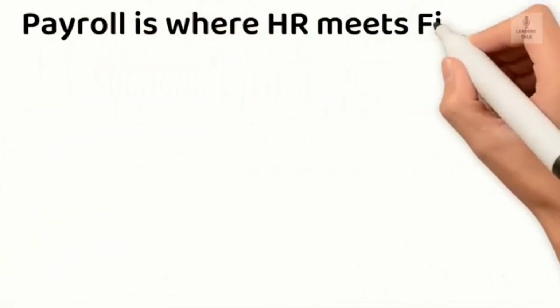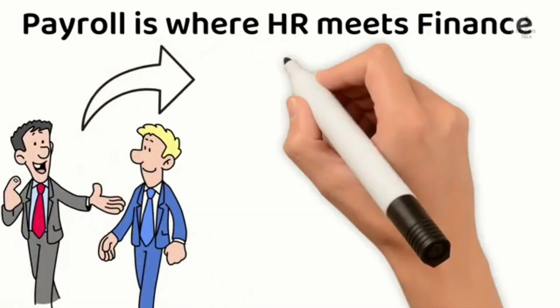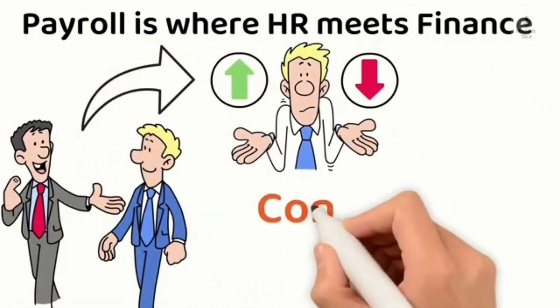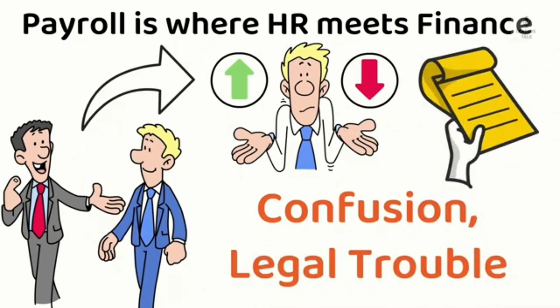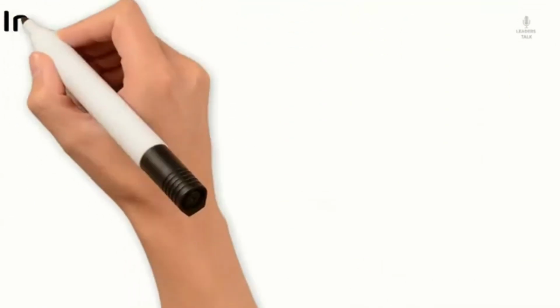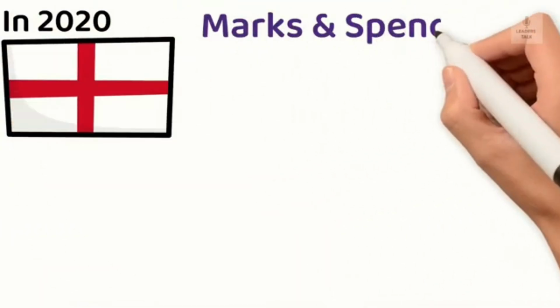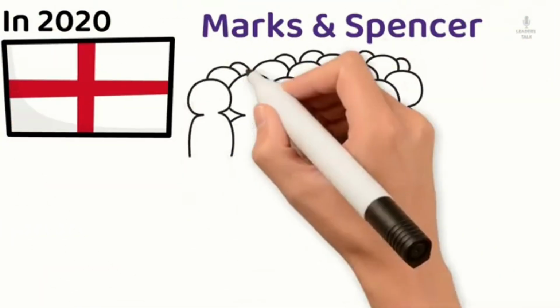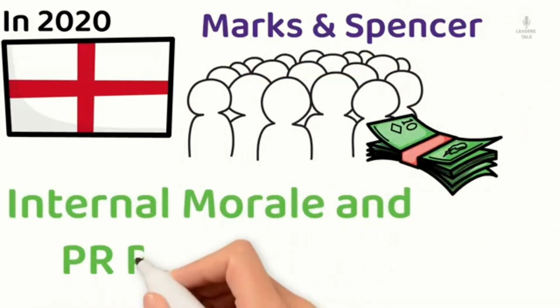Think of it like this. Payroll is where HR meets finance. If done correctly, it boosts trust and retention. If mismanaged, it causes confusion, legal trouble, and sometimes mass resignations. For example, in 2020, a major payroll delay at UK-based retailer Marks & Spencer led to thousands of employees not receiving bonuses on time, damaging internal morale and PR reputation.